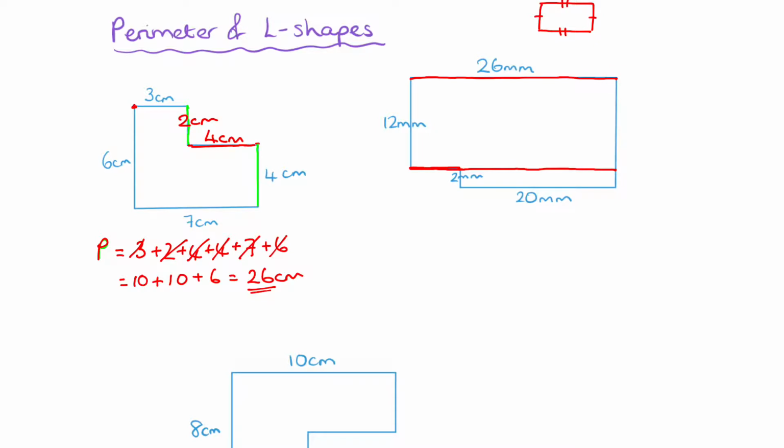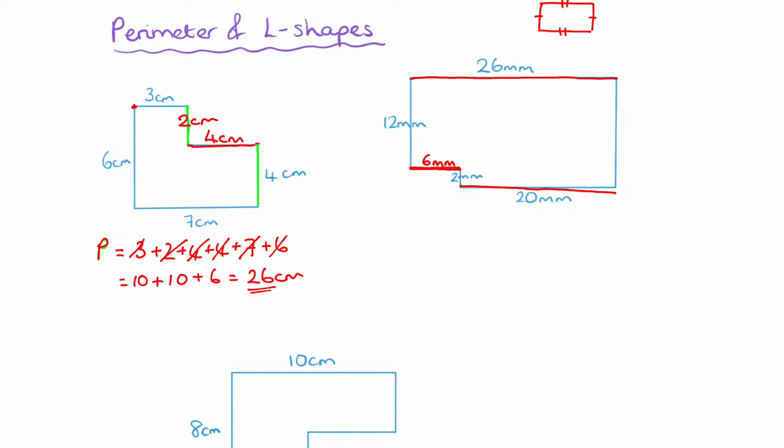Okay, so this line that's 20 plus this shorter line makes 26, so that must make the shorter line 6mm.